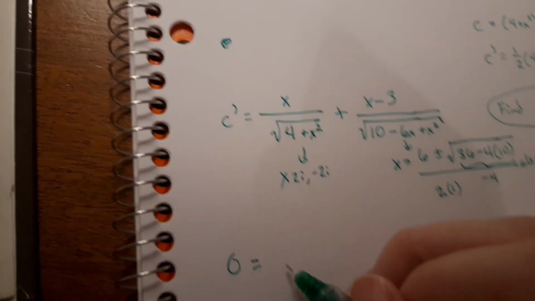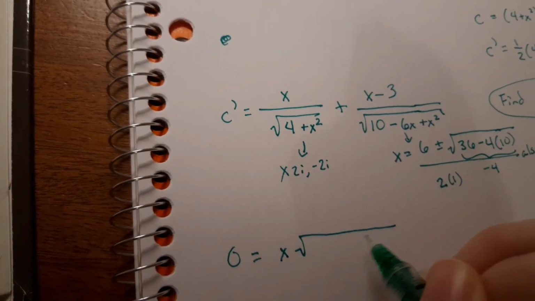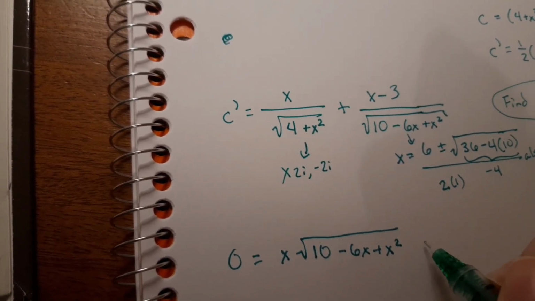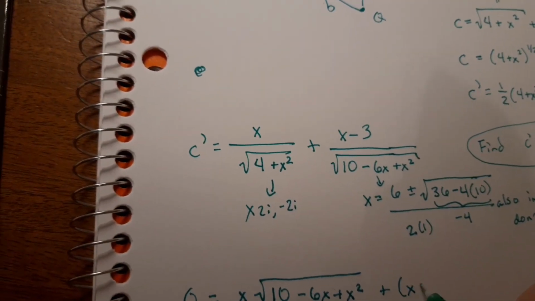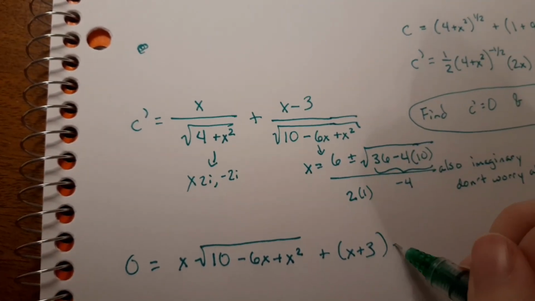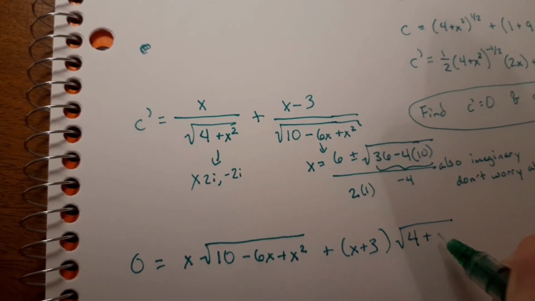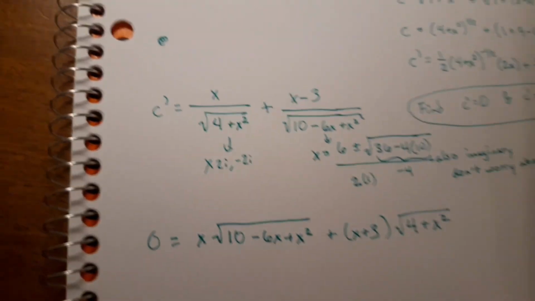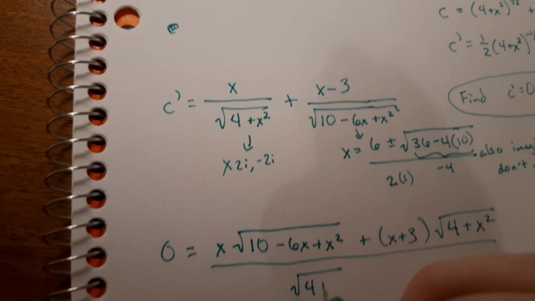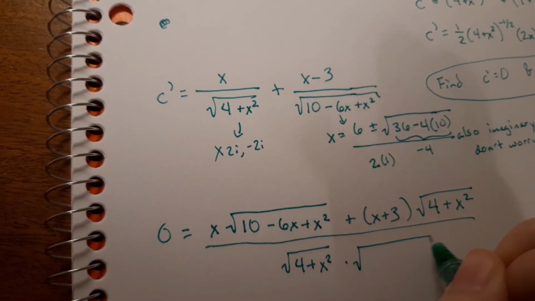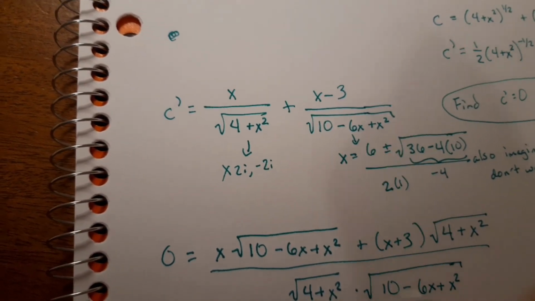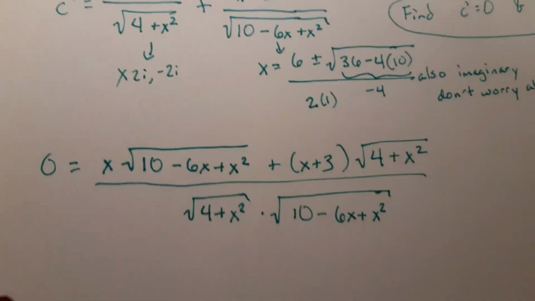So we have x times the square root of 10 minus 6x plus x squared, plus, and then we have x minus 3 times this denominator, which is the square root of 4 plus x squared. All right, all over the square root of 4 plus x squared times the square root of 10 minus 6x plus x squared.